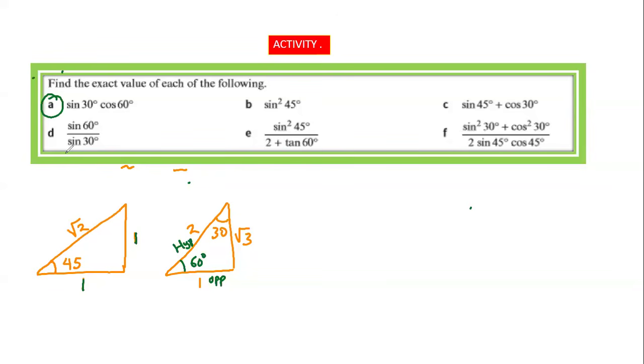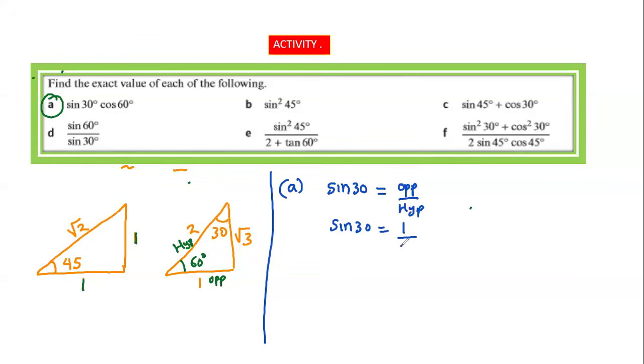So part A is sine 30 cos 60. Sine 30 is equal to opposite over hypotenuse. We are using the second triangle. So sine 30 is equal to the opposite to the angle 30, which is 1, and the hypotenuse is 2.